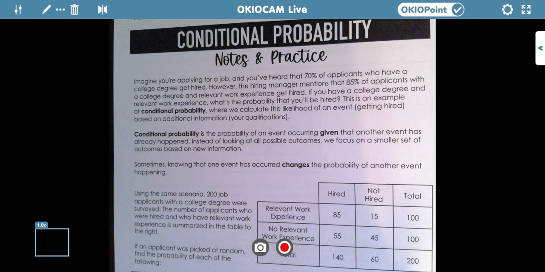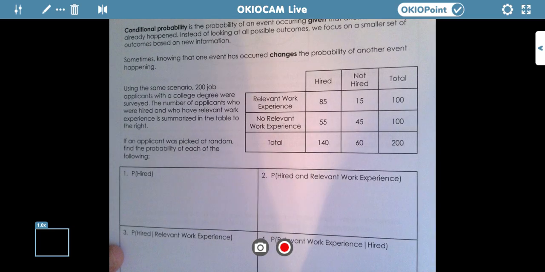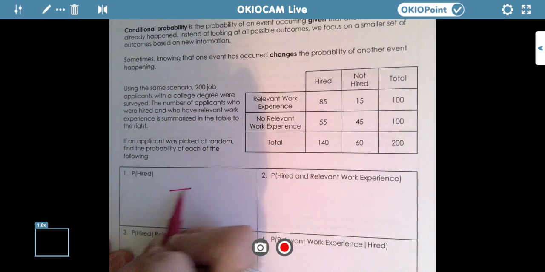If we're looking at this example here on page 21, same scenario we were just talking about, 200 applicants with a college degree were surveyed. The number of applicants who were hired and who have relevant work experience is in this table here. If an applicant was picked at random, find the probability of each of the following. The probability of getting hired: out of all of it, our denominator is 200.